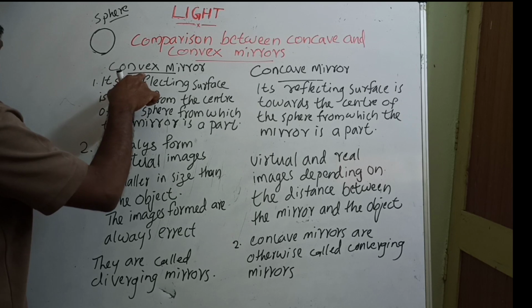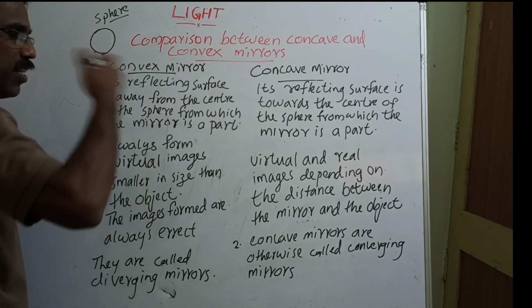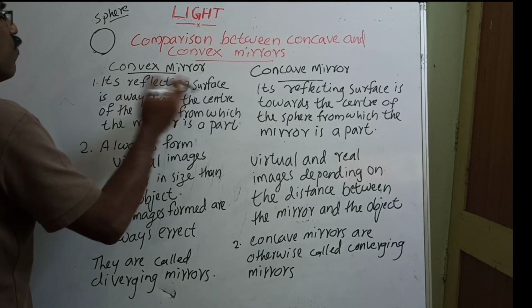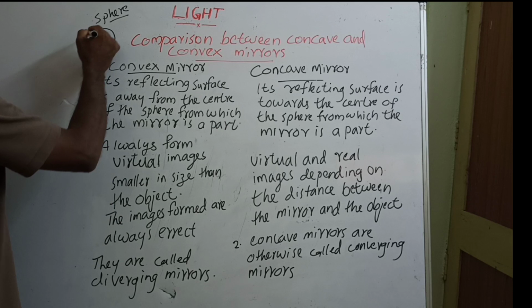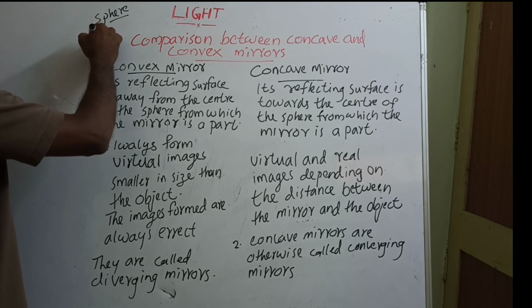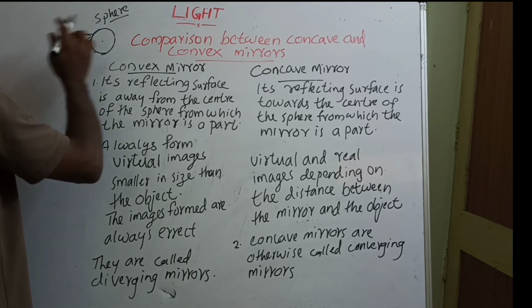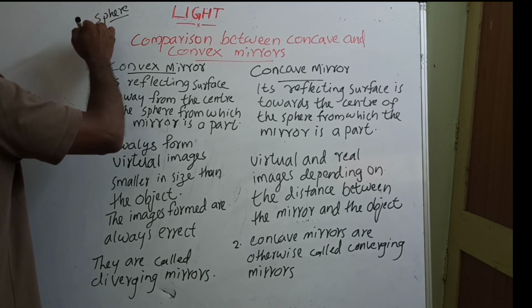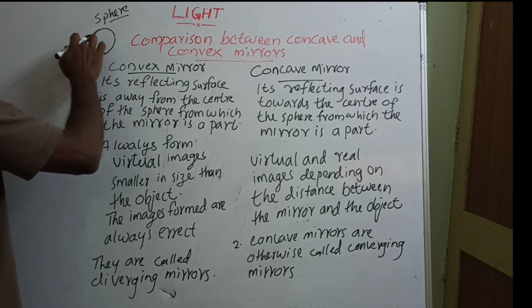So in the case of a convex mirror, the reflecting surface from which the light gets reflected is away from the center. So this is the center of the sphere. The reflecting surface is away from the center of the sphere, meaning it is outside. It is not towards the center, it is outside. So this is the reflecting surface, and the light rays get reflected from this.